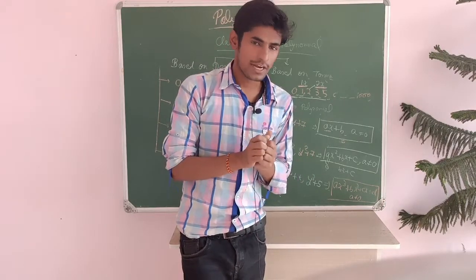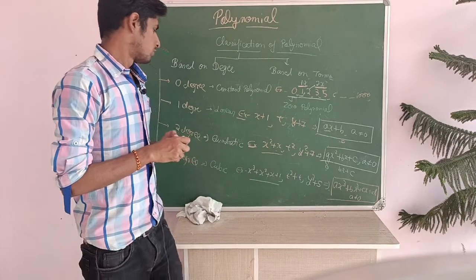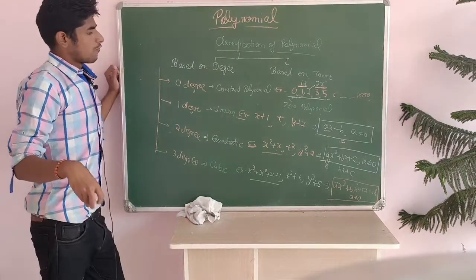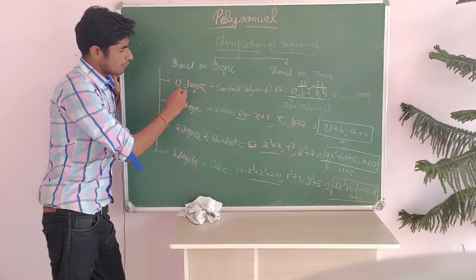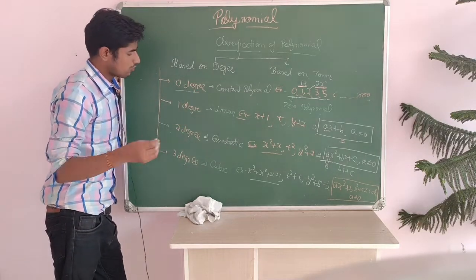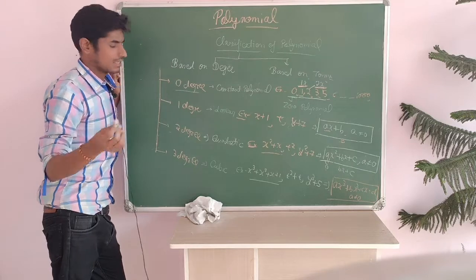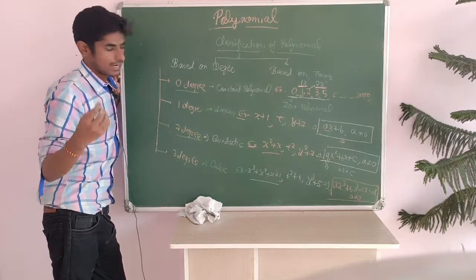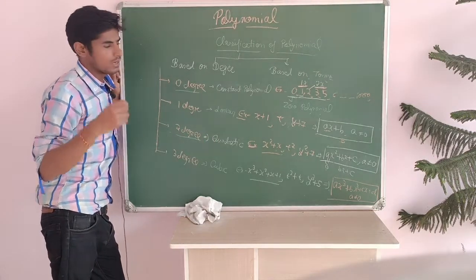So what did you learn? The 0 degree polynomial is constant polynomial. 1 degree polynomial is linear. 2 degree polynomial we call quadratic. 3 degree polynomial we call cubic.